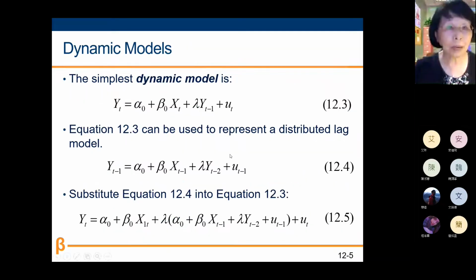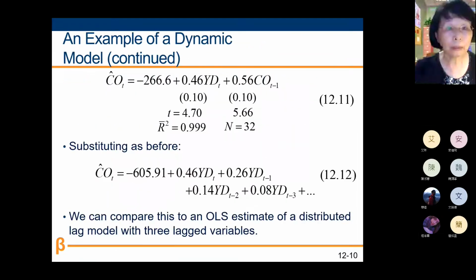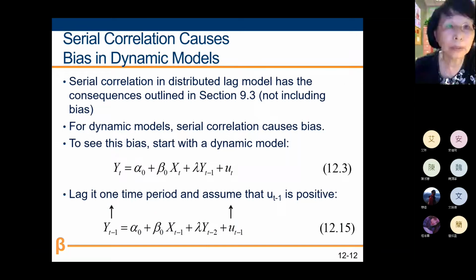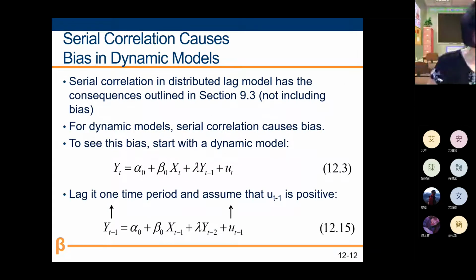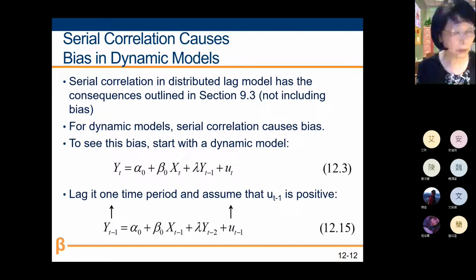But the dynamic model is more likely to have serial correlation. Let's see what the reason is. We need to talk about this in section 12.3, which is on chapter page 389. This is about serial correlation and the dynamic model.